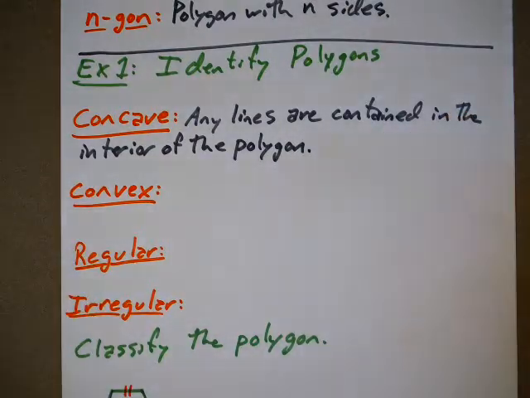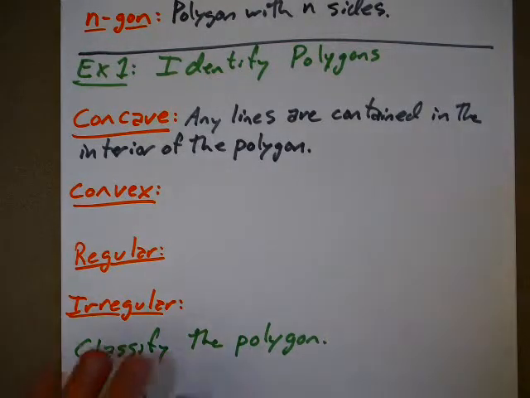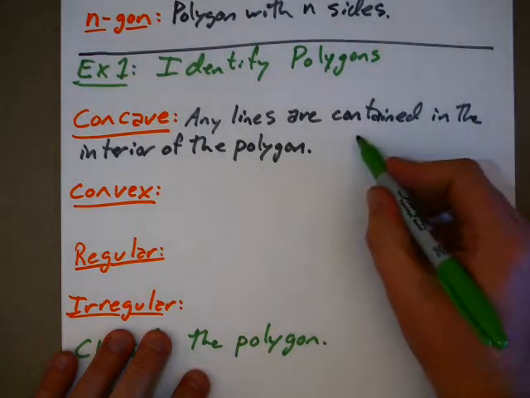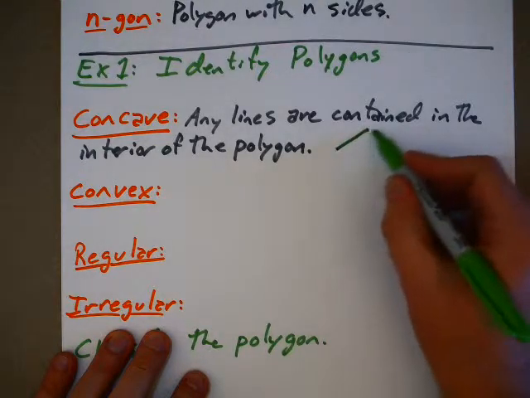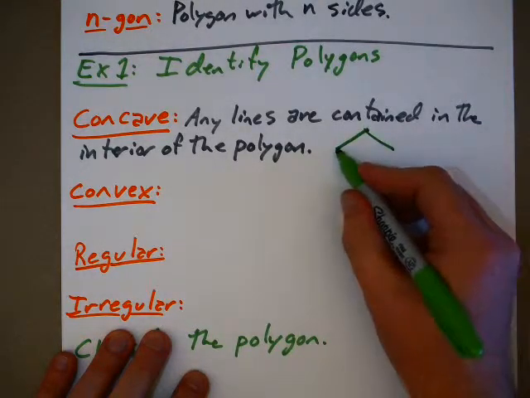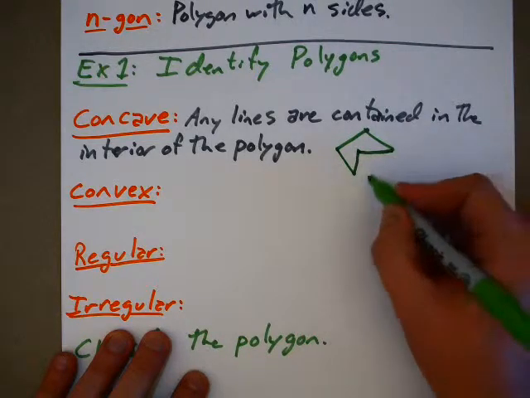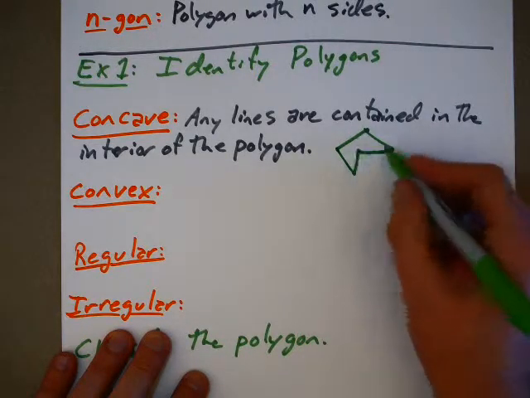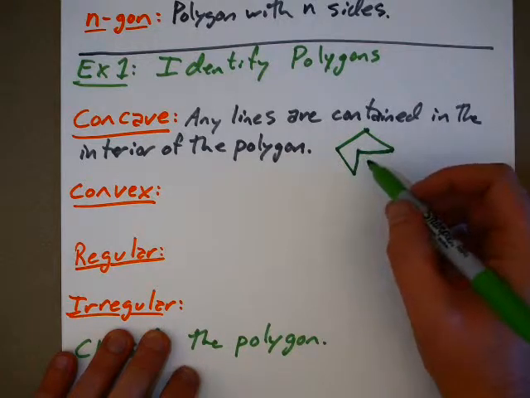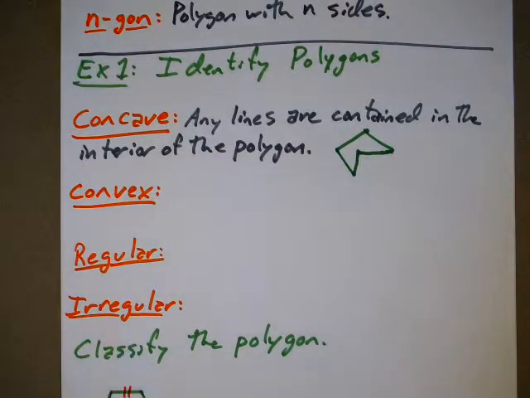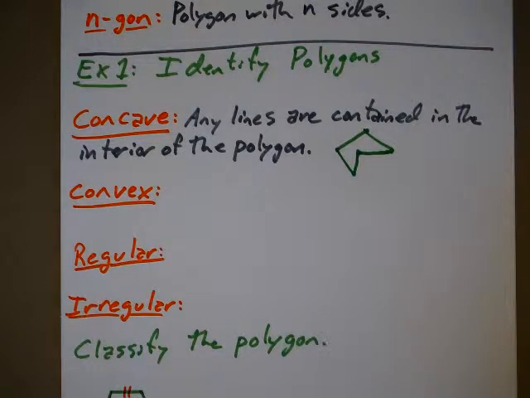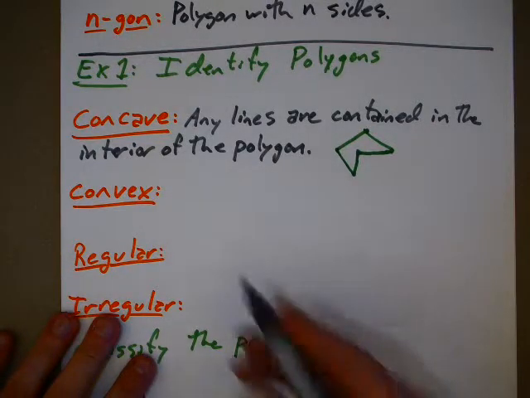Okay, so if I was to draw a quick example of that, if I had some sort of shape that looked maybe like this, this portion that's going into the interior would make this concave. And a convex polygon is a polygon that we're sort of used to seeing.